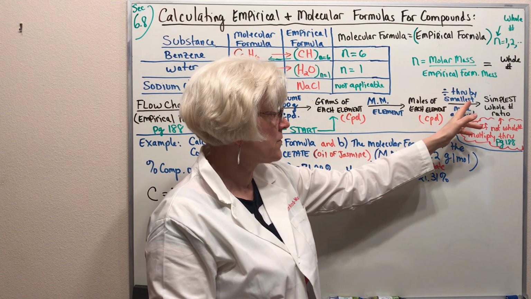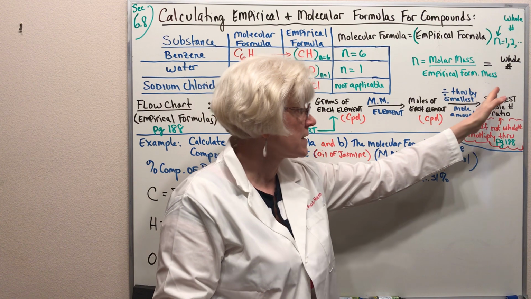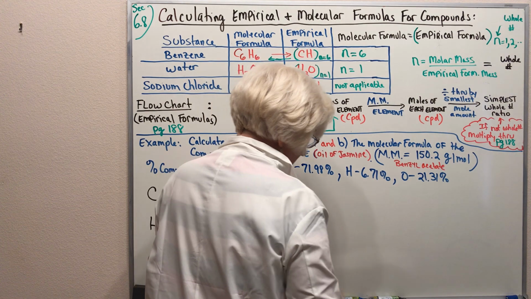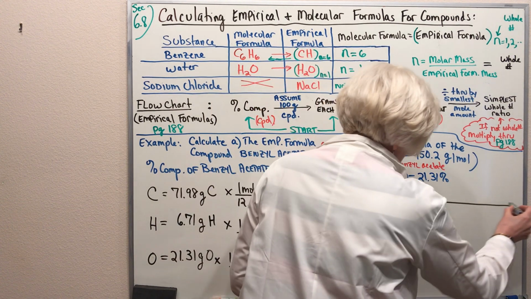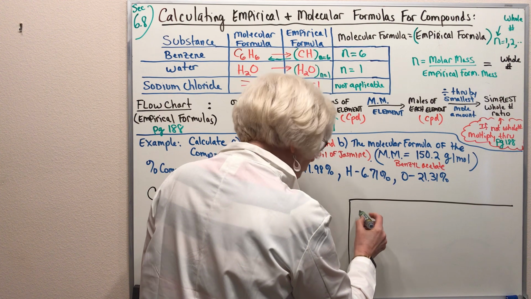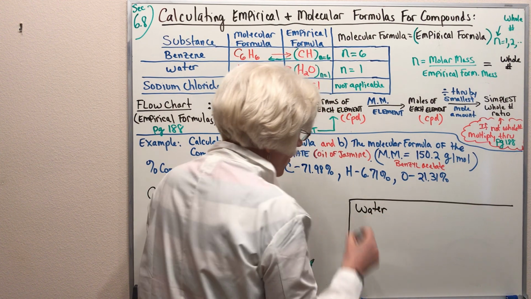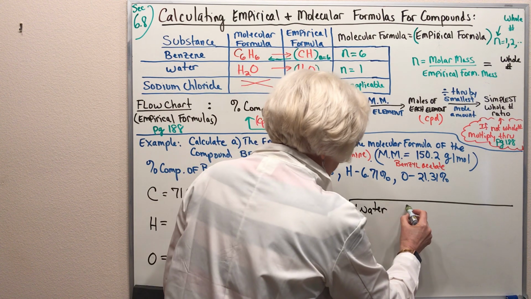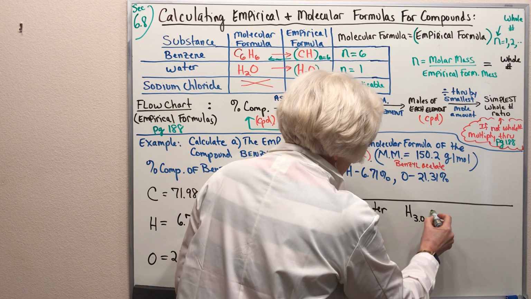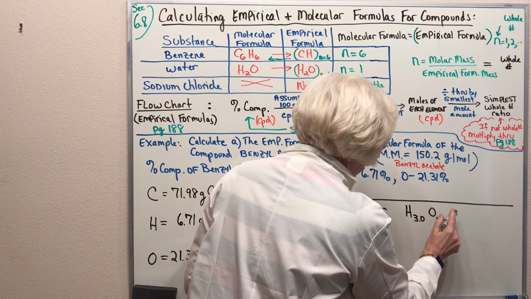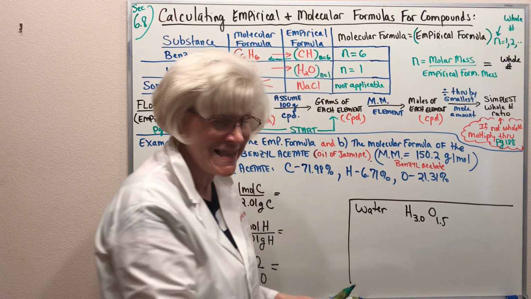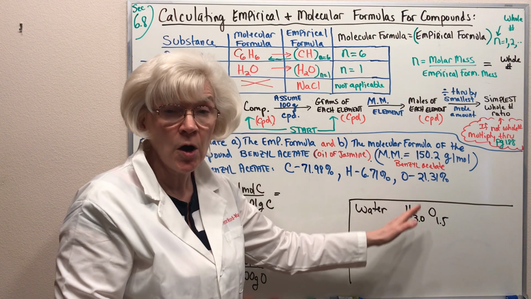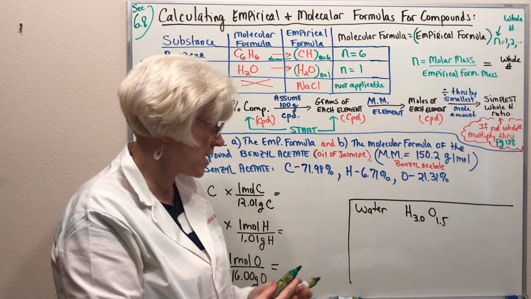So you're going to divide through by the smallest mole amount to get the simplest whole number ratio. To illustrate that last part with the example of water, if I told you that you were looking at a formula H3O1.5 and asked what is that, you'd say, I don't know, because formulas are always in simplest whole number ratios.